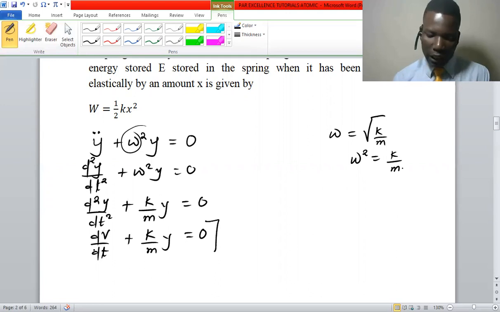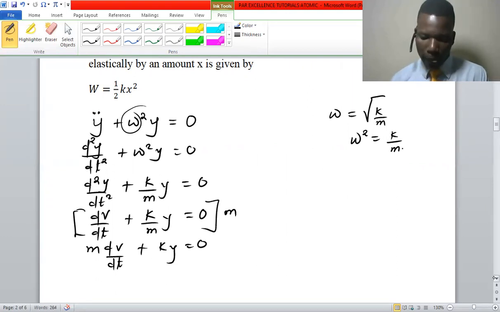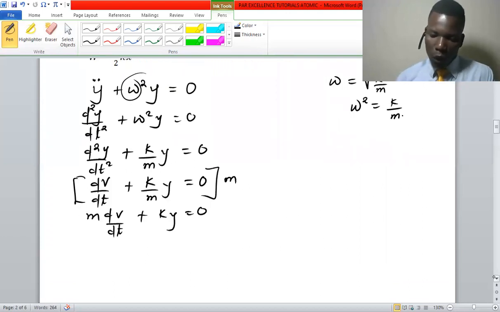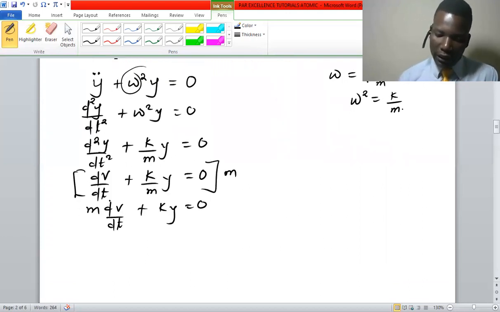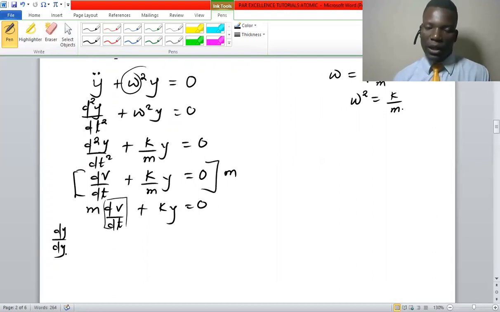We can multiply this equation by m, and we're going to have m dv with respect to time plus ky equal to 0. Now we can multiply the change in velocity with respect to time by 1, and this one is going to be change in y with respect to y, so this is the same as 1.